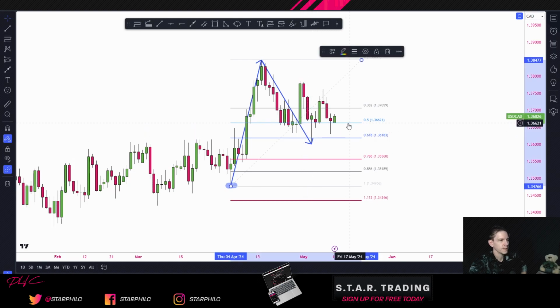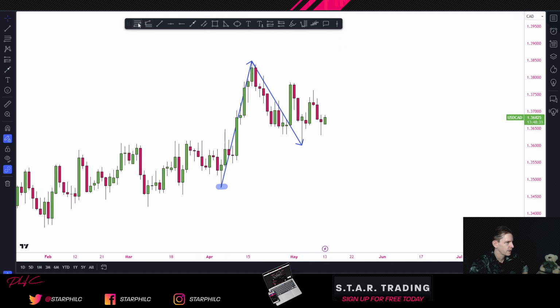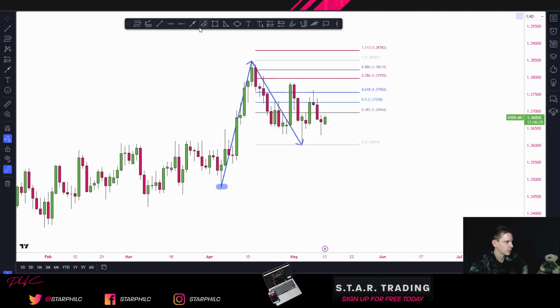Now, the next criteria I need to have is another Fibonacci retracement, right? Looking at another Fibonacci level, and I'm going to measure this move. So this pullback right here from swing low, swing high, right there. Let's grab a Fibonacci retracement tool, swing high to swing low, and let's take a look at where price action comes in at, right to a 618.